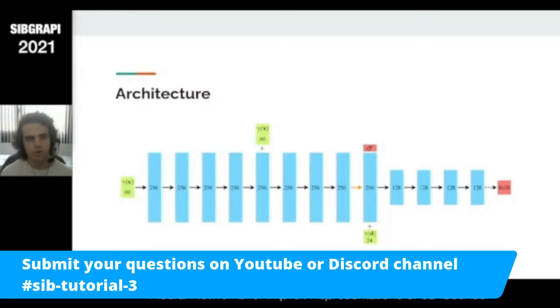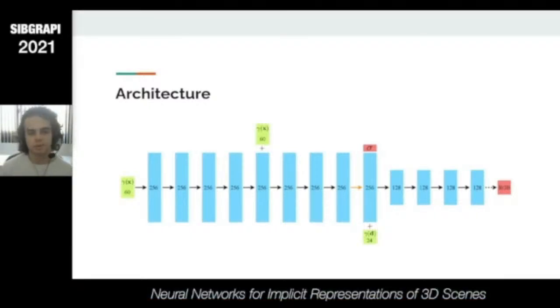So one thing to note is that the density part of the output is computed using only the position. So that makes sure that the density doesn't depend on the viewing direction, but the color is dependent on the viewing direction, so it uses both parts of the input, both the position and the direction.